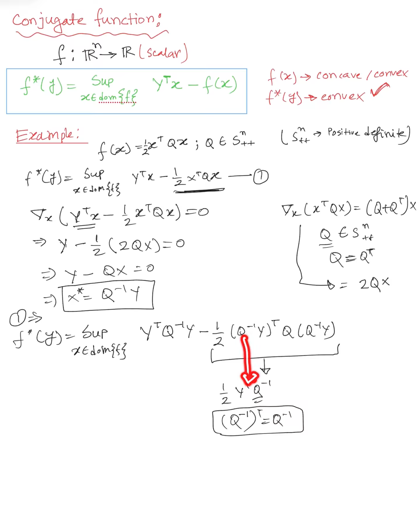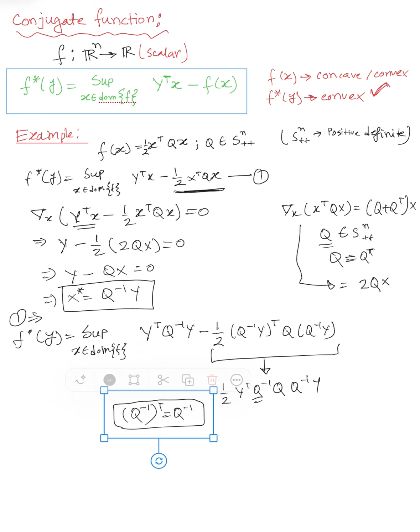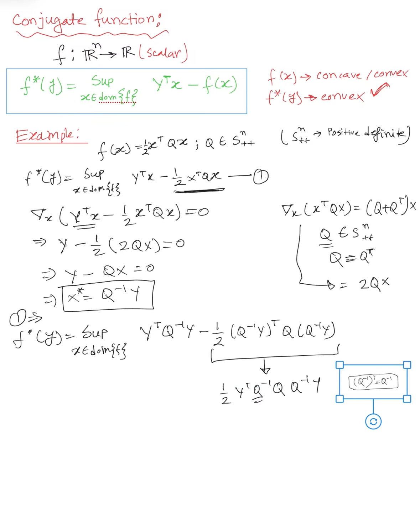And if we transpose Q inverse, we get Q inverse as well. Then the next part is Q as it is, and then Q inverse y. So this basically means half of y transpose Q inverse y.